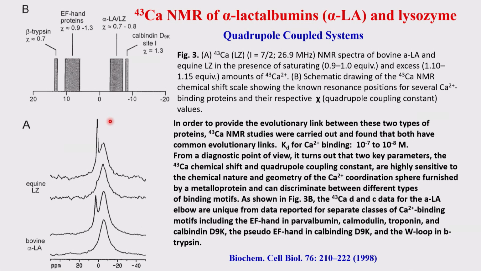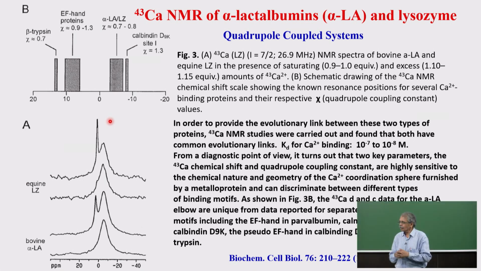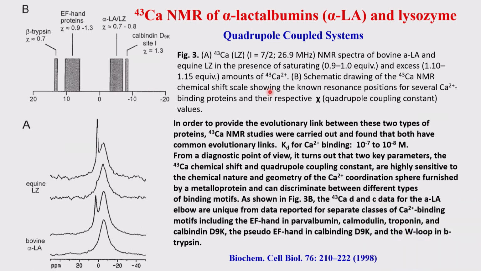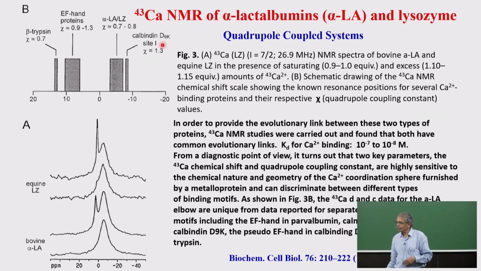In each binding the calcium environment is not the same, so the calcium interactions with the neighbors, the quadrupole coupling values, will vary. If you look at the quadrupole coupling values, chi is 1.3 for one particular site in the calcium binding site, and for another site chi is 0.7 to 0.8, the quadrupolar coupling is a little less, and that comes from a different region.